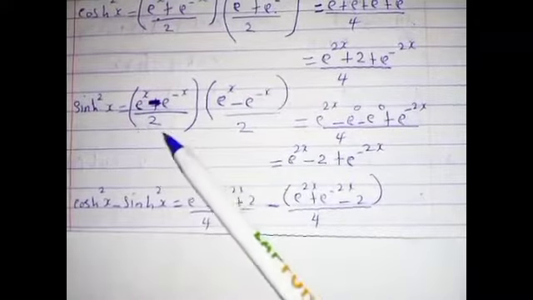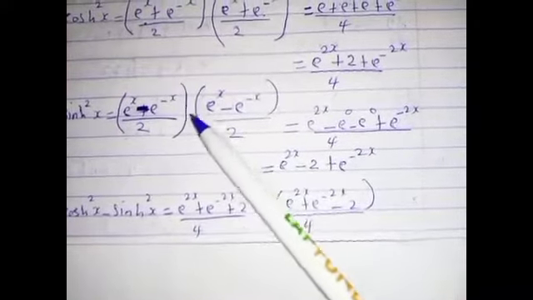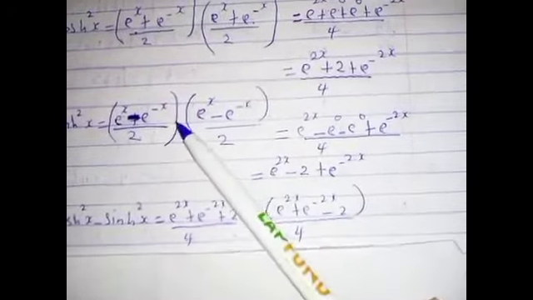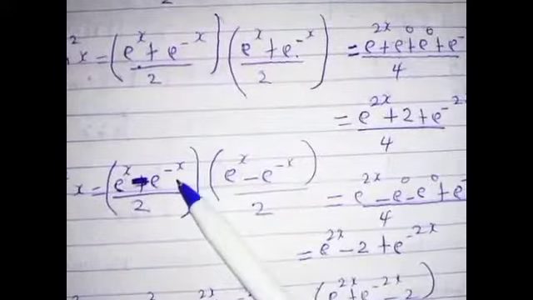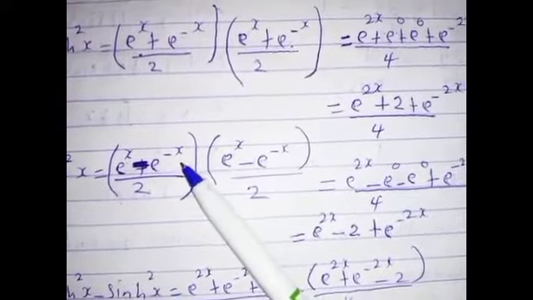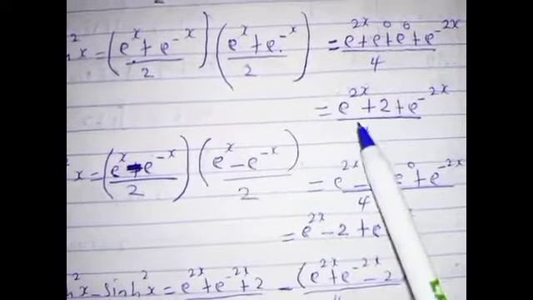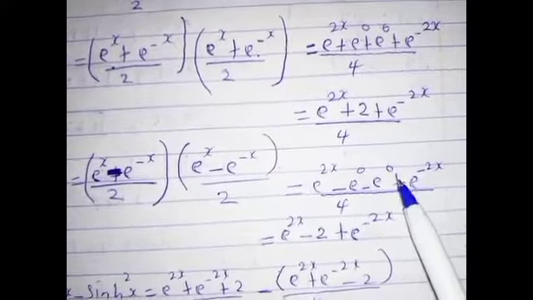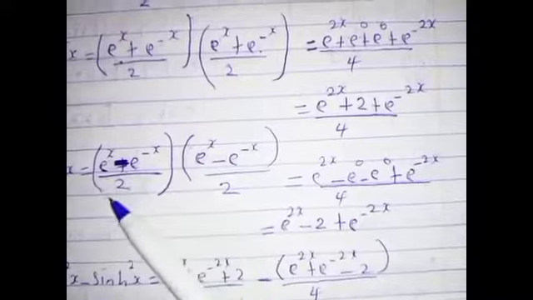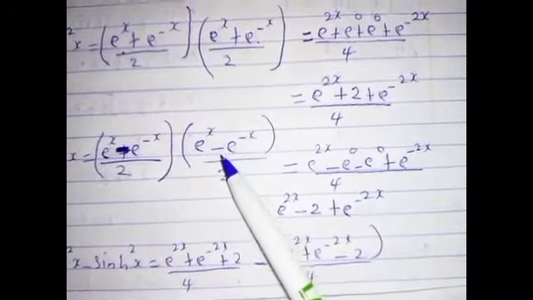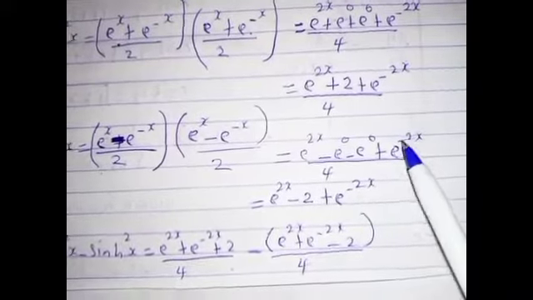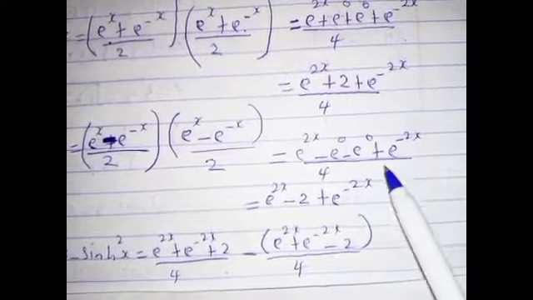Then moving to the second one, e to the power x multiplied by e to the power x, from the laws of indices, negative x plus x will give us 0, so it is e to the power 0, plus minus e to the power negative x multiplied by minus e to the power negative x will give us plus e to the power negative 2x.